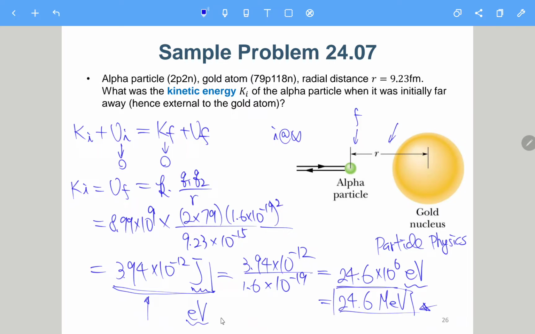So here we introduce the eV as a unit of the energy of a particle.